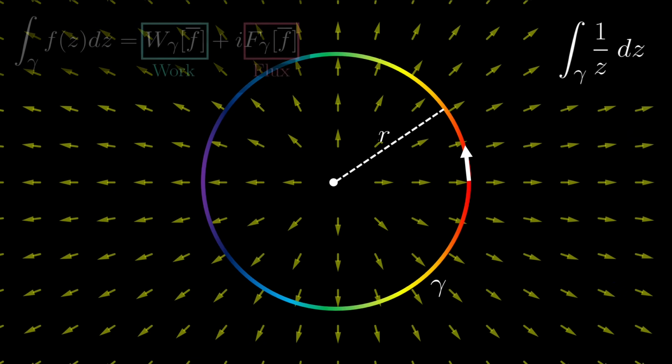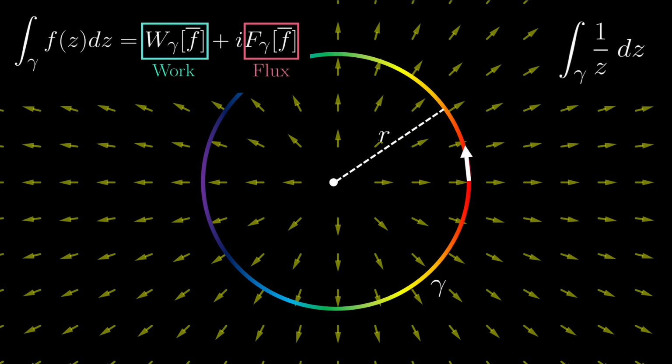Based on our previous chapters, we know how to get the complex integral from this vector field. The real part is the work done by this field along our contour. However, our field is perpendicular to the contour, and it happens everywhere along the contour, so we should expect the total work done to be 0.